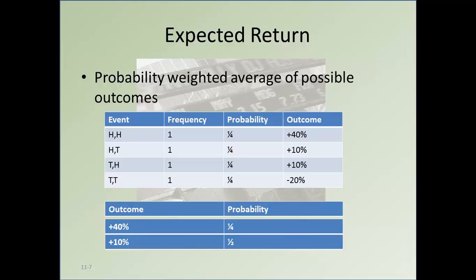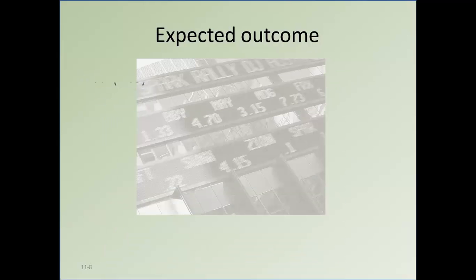The probability of minus 20% similarly is 1 by 4. So we essentially have 3 outcomes with different probabilities of occurrence, and that is used to calculate the expected return. The expected outcome is 1/4 times 40 plus half times 10 plus 1/4 times minus 20, which is essentially plus 10 plus 5, 15, minus 5, 10.